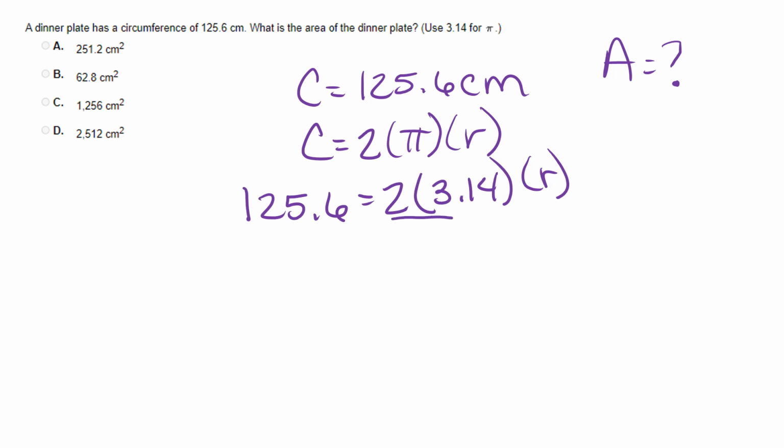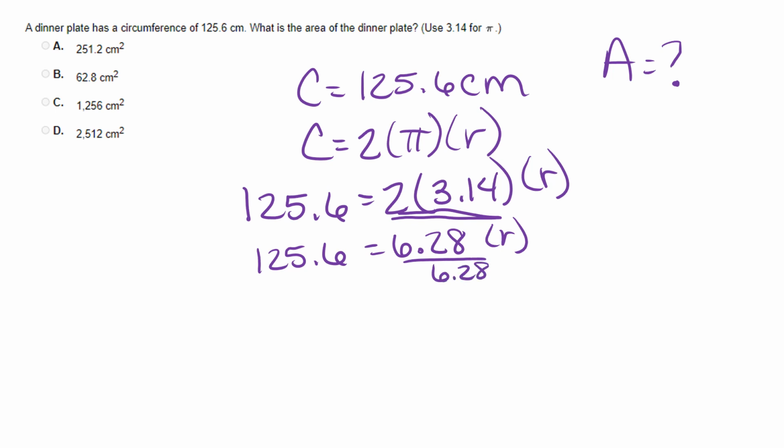So we're going to simplify what we can on the right. So 2 times 3.14 is 6.28. I'm just going to bring down the rest of it. Okay, now I have the 6.28 times r. So we're going to divide both sides by 6.28.